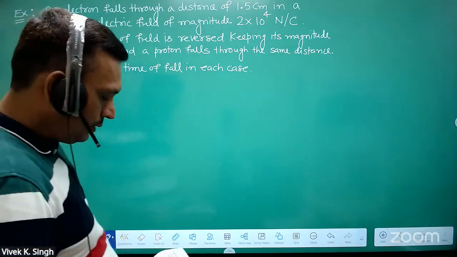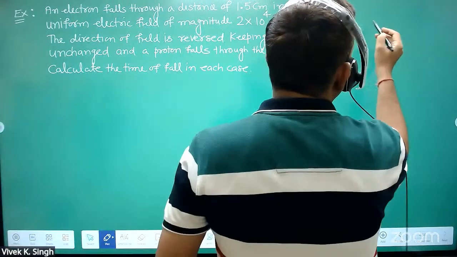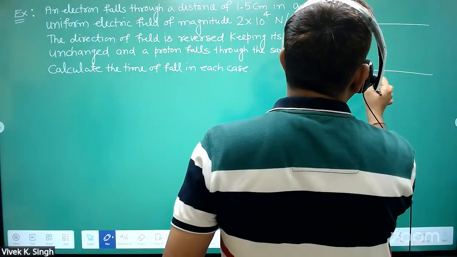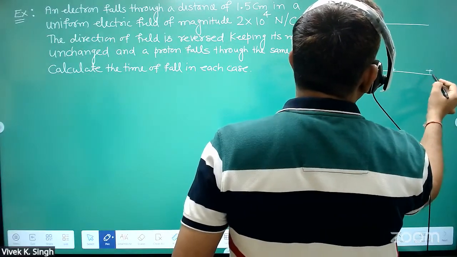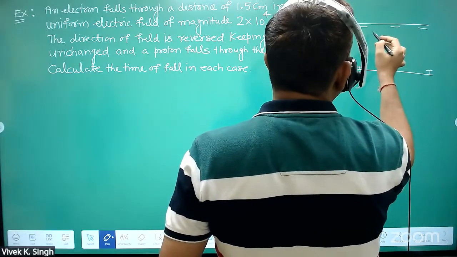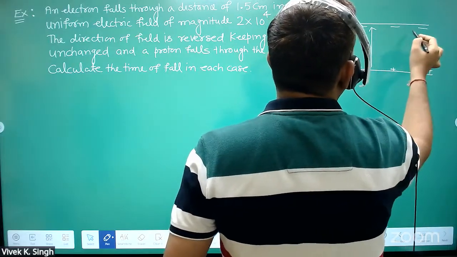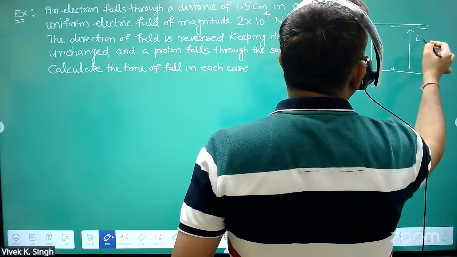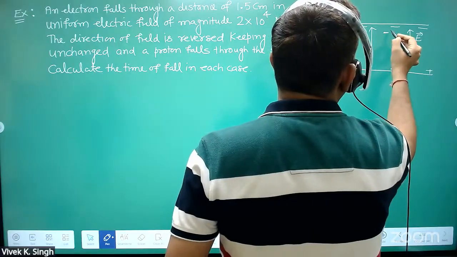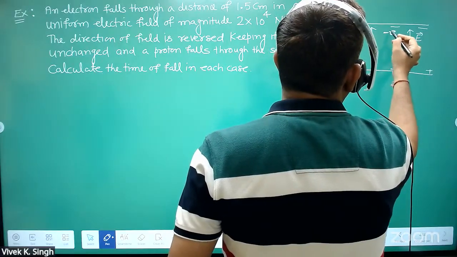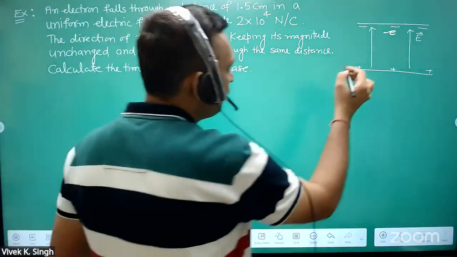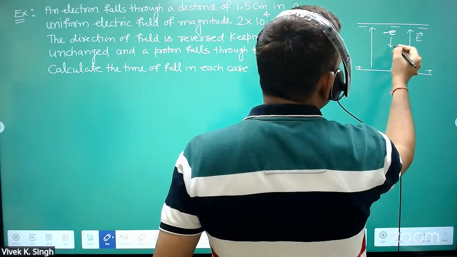ठीक है, तो पहले आप ये फिगर कंसीडर करो इलेक्ट्रॉन के लिए. So I am taking, this is the direction of electric field. इलेक्ट्रिक फील्ड की डायरेक्शन अपवर्ड है. This is the direction of the electric field, and electron is released in this case. So this electron will move in this direction.